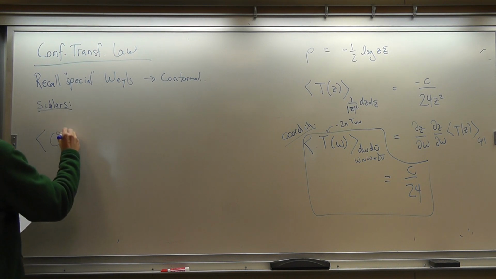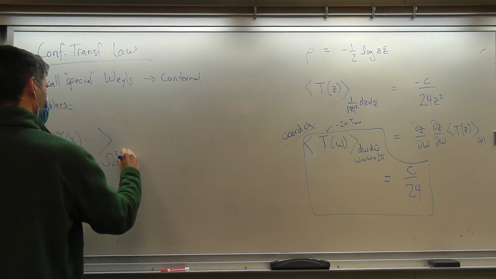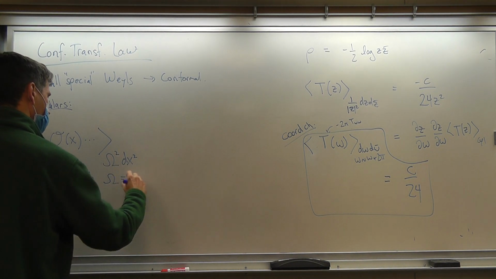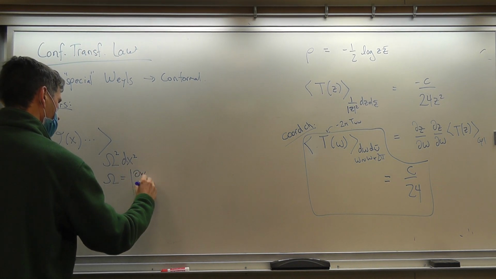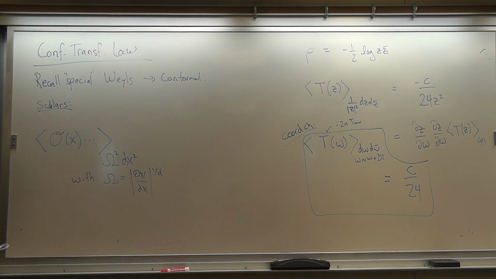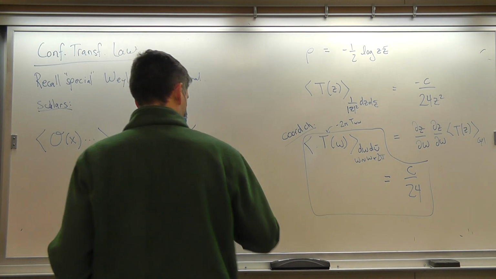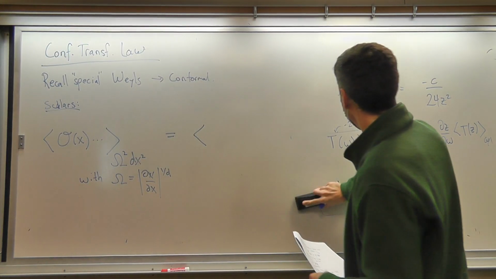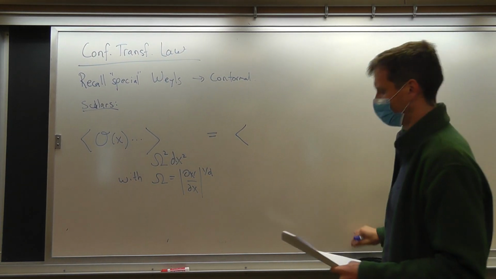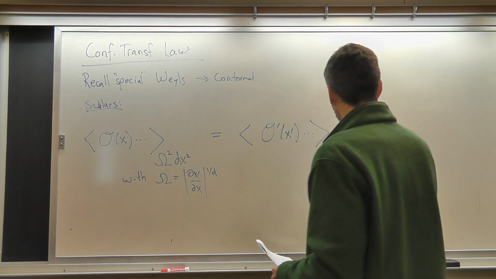It says that O of x in the metric omega squared dx squared, with omega the determinant of dx prime dx to the 1 over d, is equal to O prime of x prime in the metric dx squared.